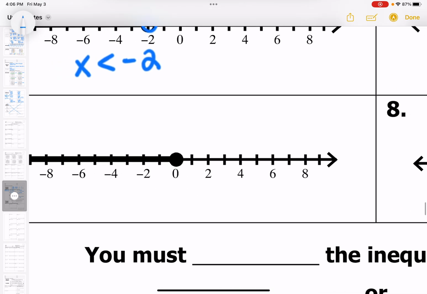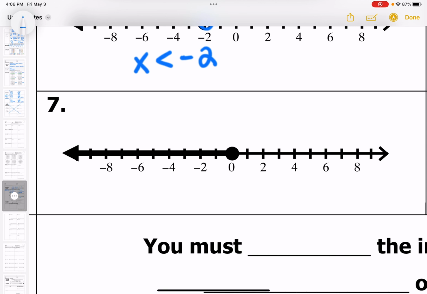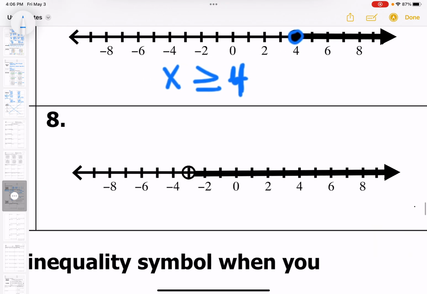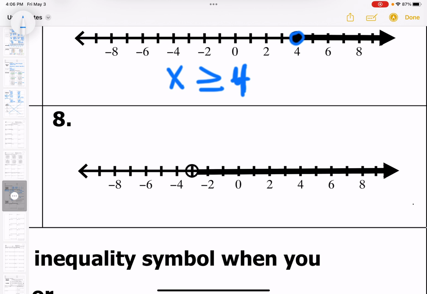All right, number 7, we have a closed circle on 0, and it's shaded to the left, so that's going to be less than or equal to, and then put the 0 because that's where the circle is. And then number 8, we have an open circle on negative 3, and it's shaded to the right, so that means we're going to be using the greater than sign. So x is greater than negative 3.